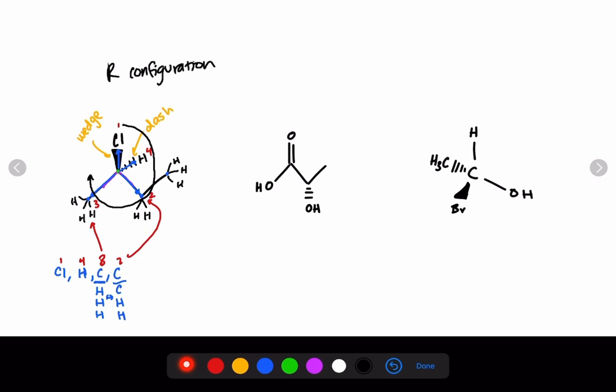Let's do the same for this next molecule. I'm going to add in my implicit hydrogens real quick. The only chiral atom is going to be this carbon. The reason I drew the hydrogen on a wedge was because the OH was on a dash, and you can only have one group on a dash and one group on a wedge.